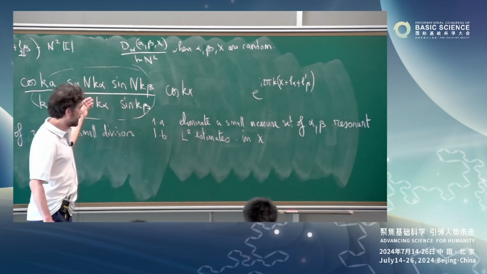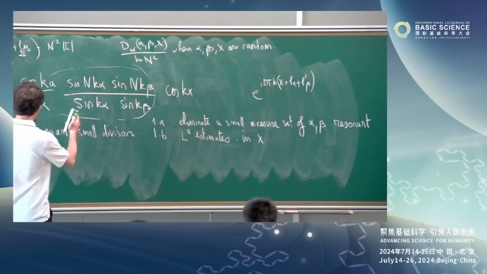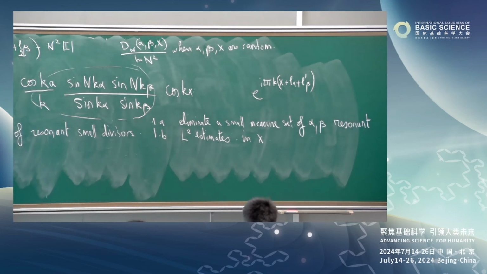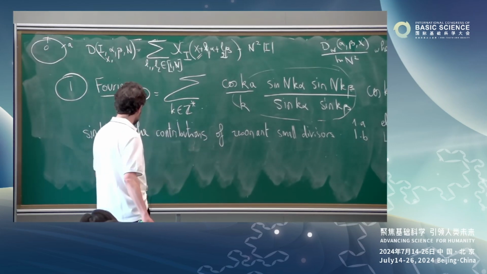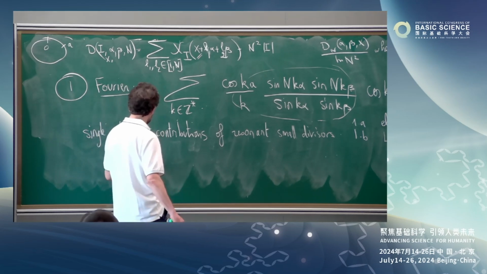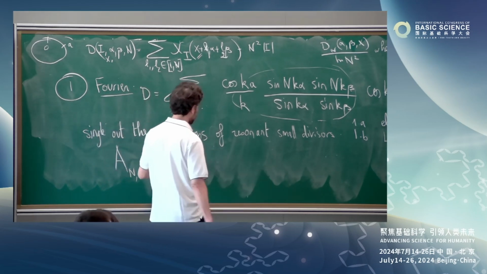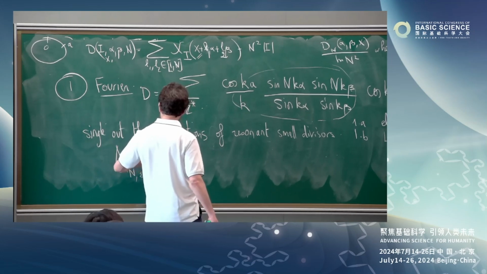Okay, and we start making calculations, and we find the following. We define a set A_{n,epsilon}, that depends on alpha, beta.